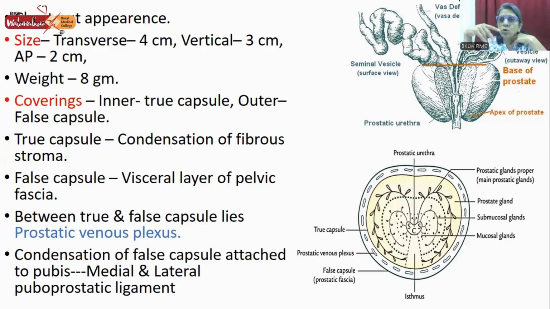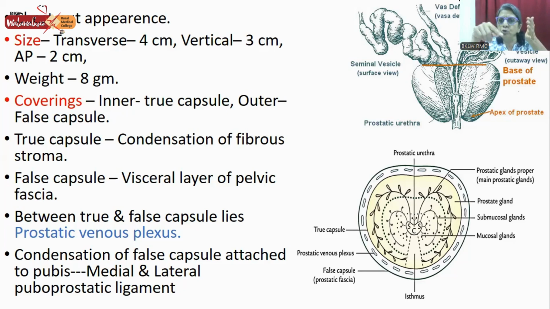The gland has two capsules, as you can see in the picture: the outer false capsule and the inner true capsule. The inner capsule is a condensation of the fibrous tissue of the gland, and the outer capsule is because of the condensation of the pelvic fascia.